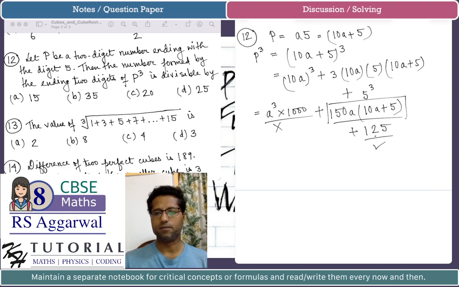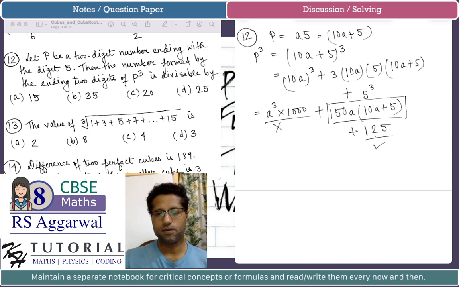This value will determine, because the two ending digits of 125 is 25. Now we have to somehow find what will be the two ending digits of 150a multiplied by 10a plus 5. If we can find that, then those two digits plus 25, because the last two digits of 125 is 25, we can say what will be the last two ending digits of p cube.